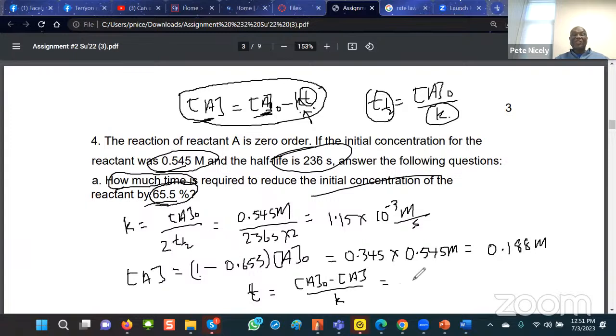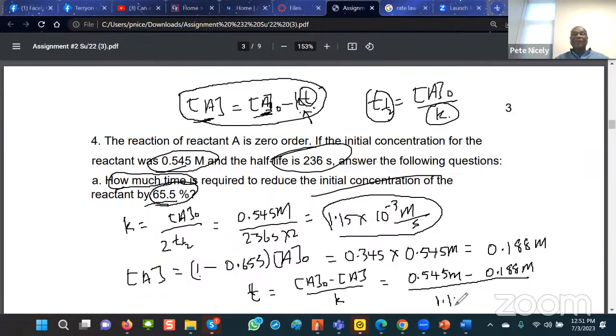The initial concentration of A is 0.545 M minus 0.188 M, which is the concentration of A, divided by K, which we calculated here, 1.15 times 10 to the minus 3 M over S. And then you do your number crunching, and the answer I got is 310 seconds. And that's basically how that is done.